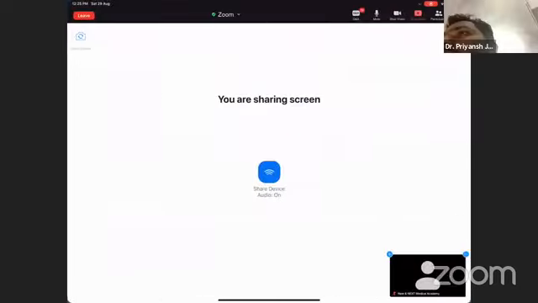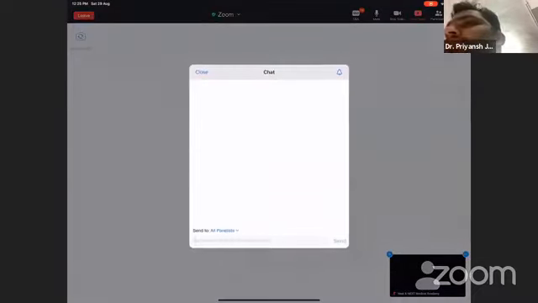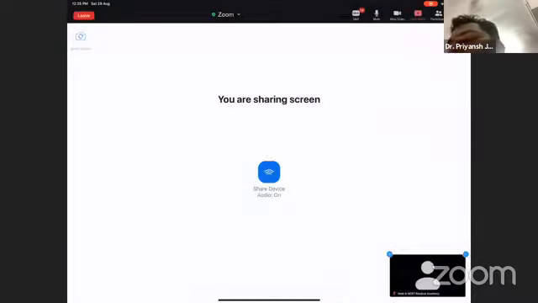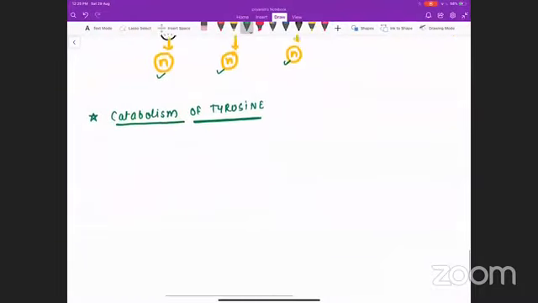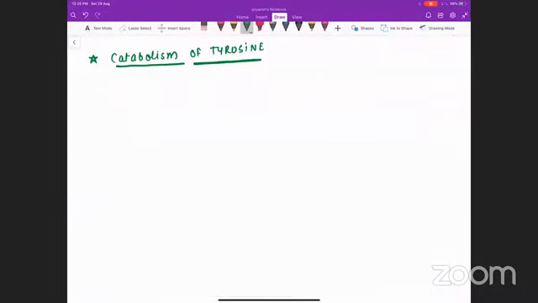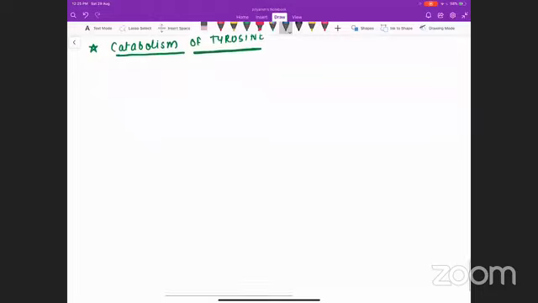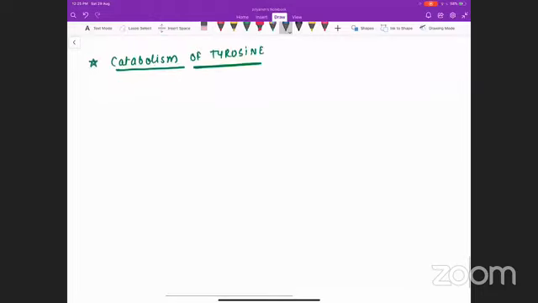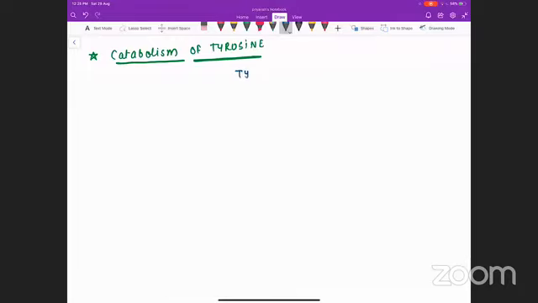The tyrosine will undergo catabolism. So to understand the tyrosine catabolism, how the tyrosine is going to be catabolized.